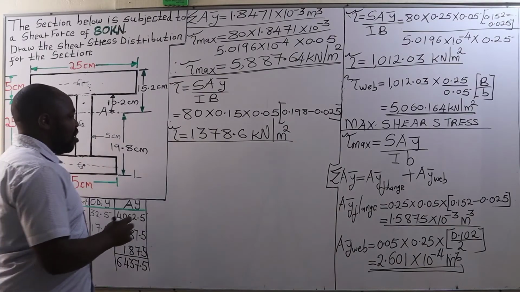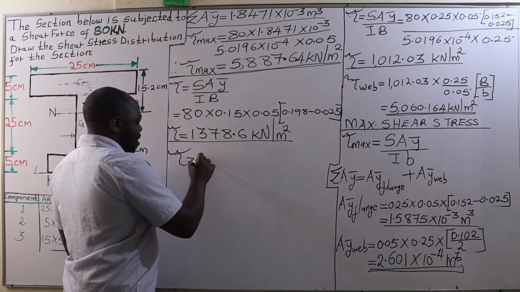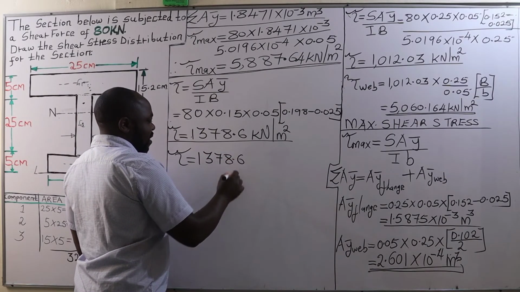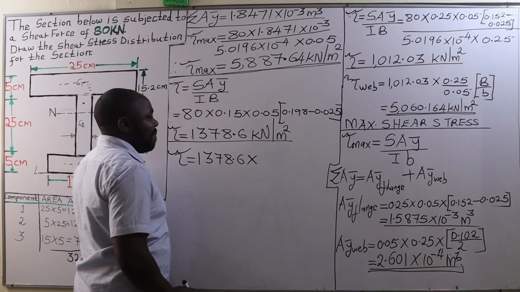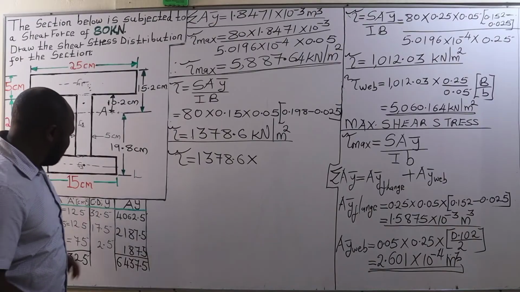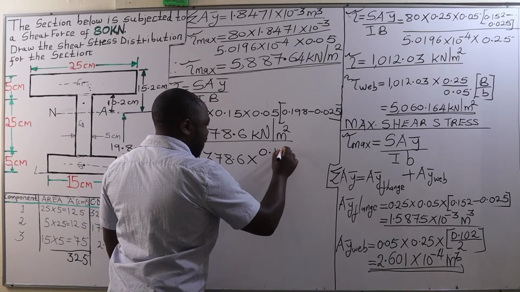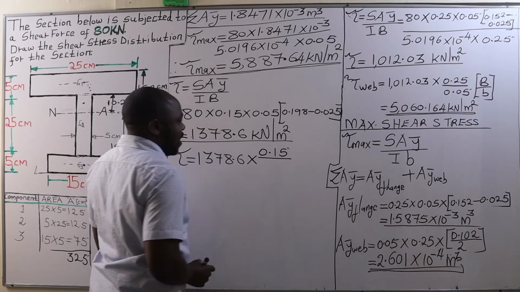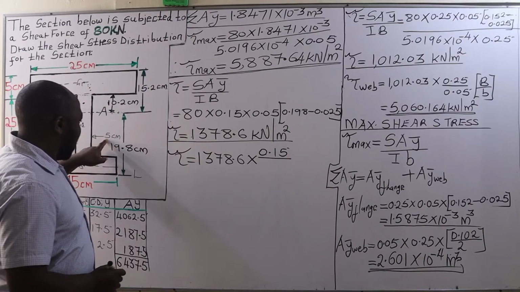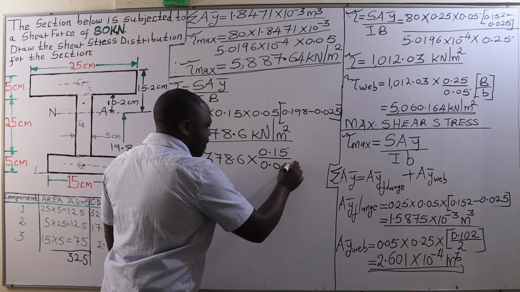Now, the shear stress in the web just at the junction between the web and the lower flange will increase abruptly from 1378.6 multiplied by capital B, that is the breadth of the bottom flange, 15 centimeters, which is 0.15 meters, divided by small b, that is the breadth of the web, which is 0.05 meters.